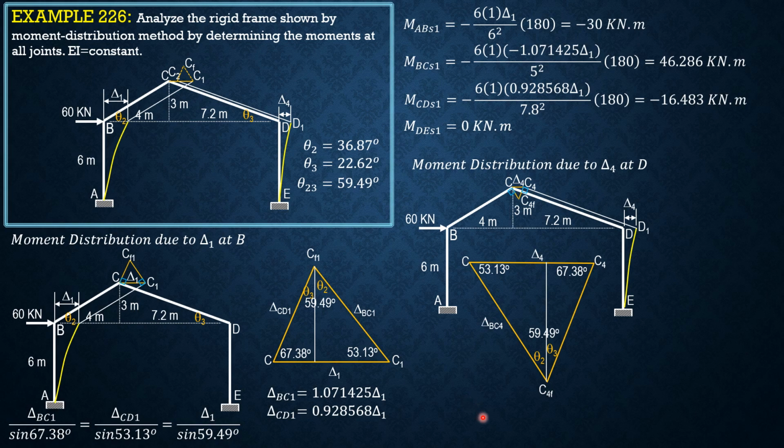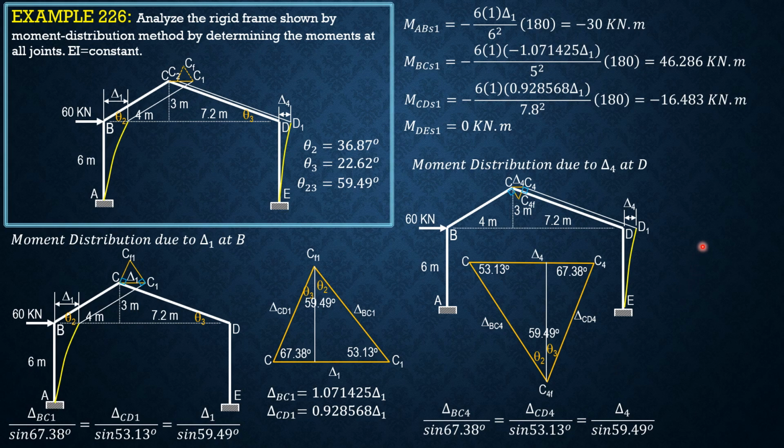So by sine law, that's delta BC4, this is delta CD4. Delta BC4 over sine of 67.38 degrees equals delta CD4 over sine 53.13 degrees equals delta 4 over sine 59.49 degrees.